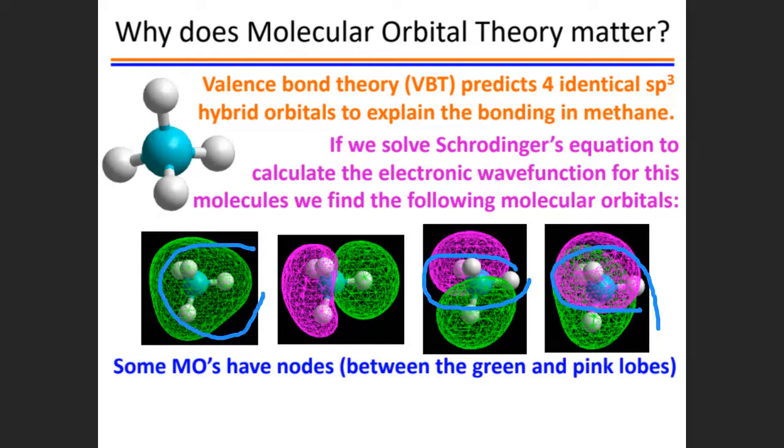Some will make a bond, some will not. Some molecular orbitals have nodes between the green and pink, and some don't, and some make the bond. So how and why, that is the main focus of this chapter.